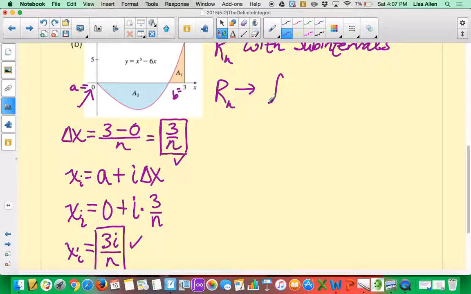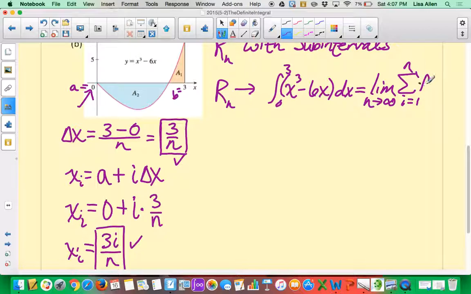So we have the integral from 0 to 3 of x cubed minus 6x dx is then equal to the limit, as n, the number of subintervals, approaches infinity, of the summation from i equals 1 to n of f of x sub i delta x.